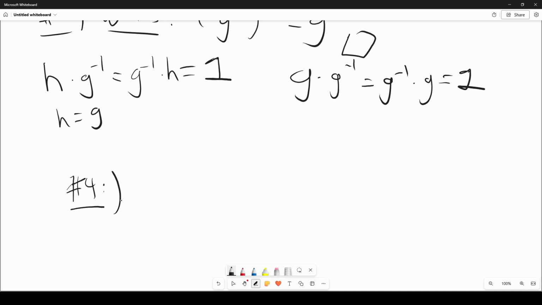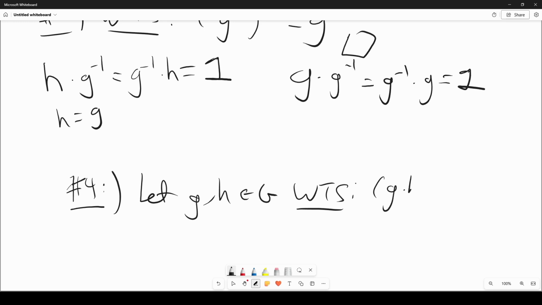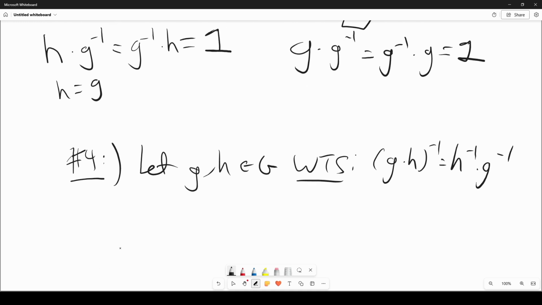Okay. So now we're trying to prove, if I let G and H be group elements, I want to show that G times H inverse equals H inverse times G inverse. Okay, same trick. I'm just going to show that this thing works and then say by property 2, it's unique.